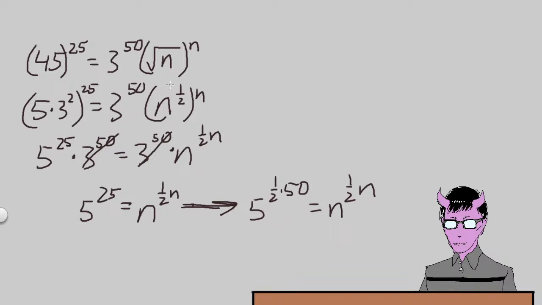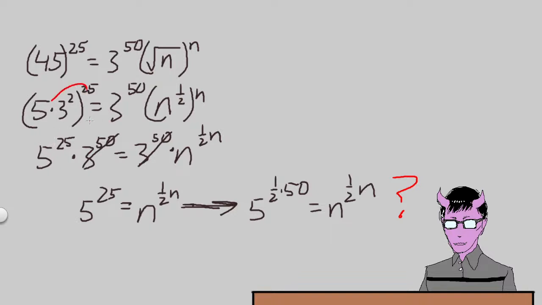But let's backtrack just a little bit. So this is highly suspicious. Hey, let me double check my work. So this one splits into 5 times 9. That's correct. That's just copy pasted from the problem. This is copy pasted from the problem.